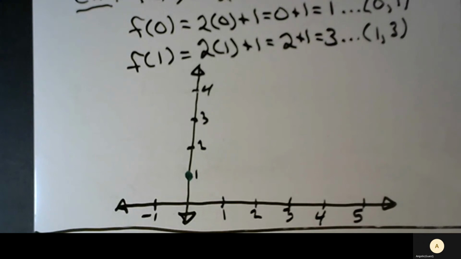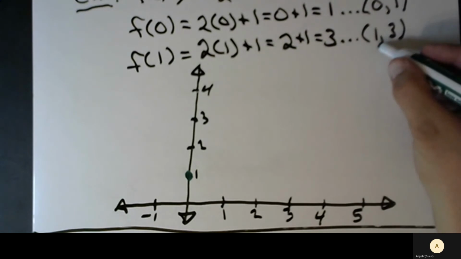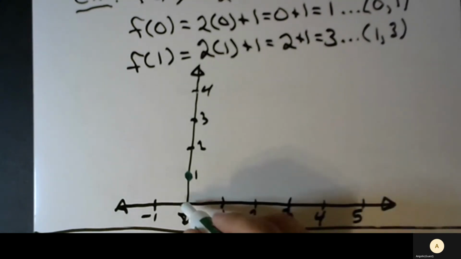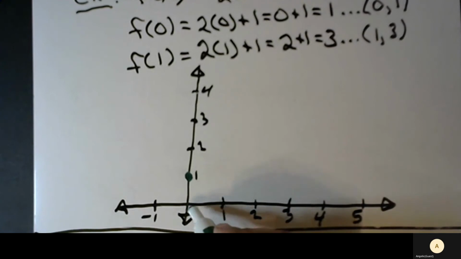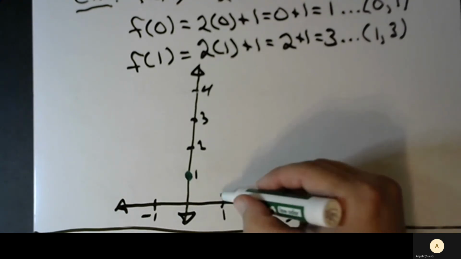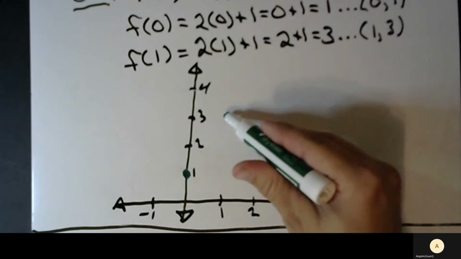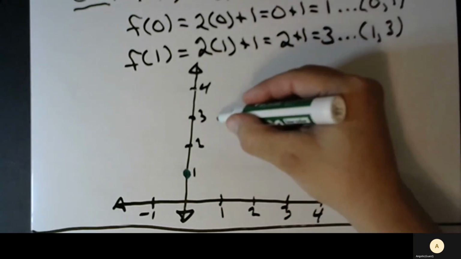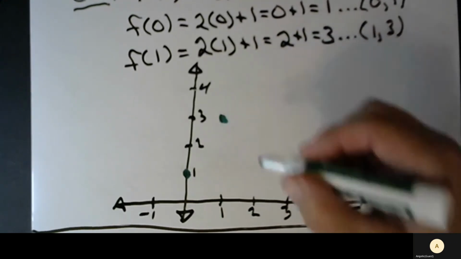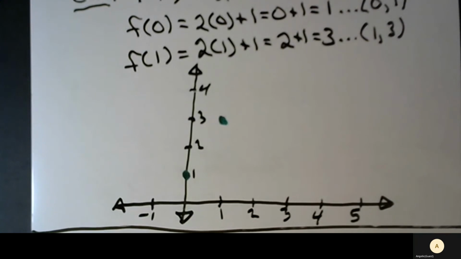Now for the second point, 1 and 3. So we start at the origin, we go to x is 1, and then we move up to y is 3 from x is 1. And that gives us our second point.